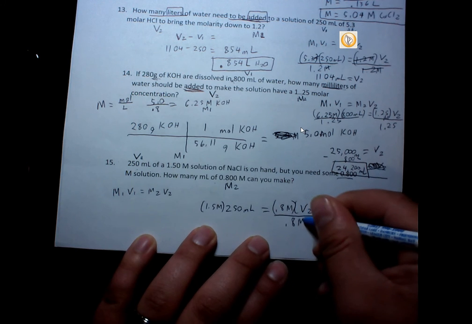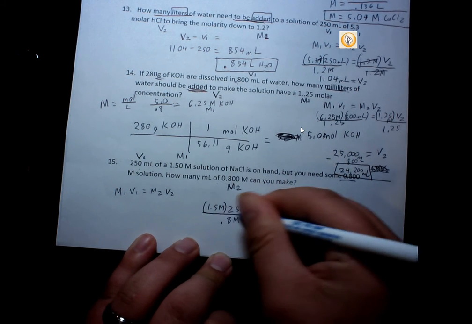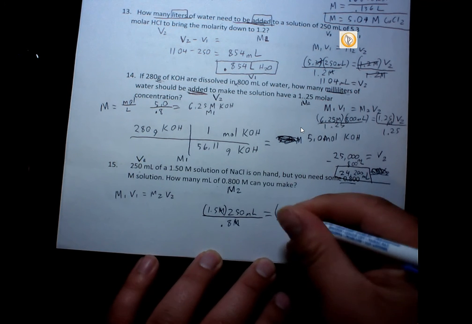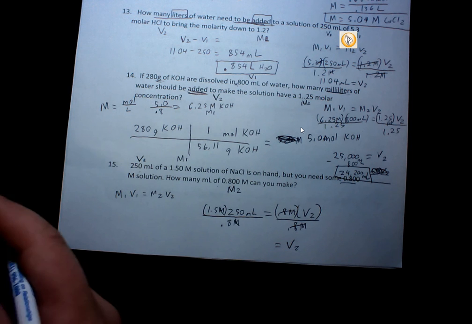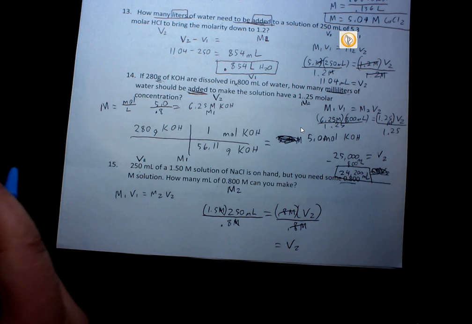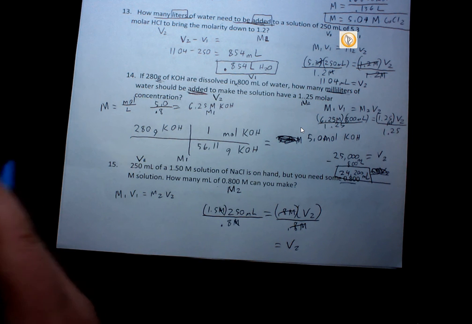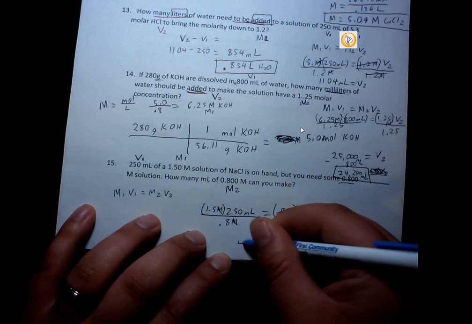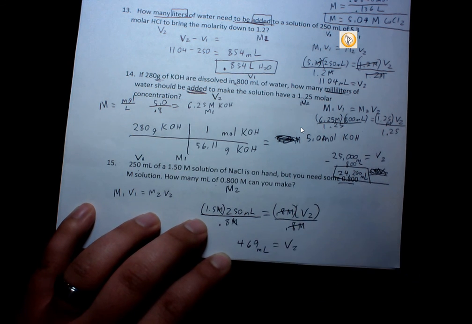So we're just going to divide by 0.8. V2 is going to equal 1.5 times 250 divided by 0.8. 469 milliliters after rounding.